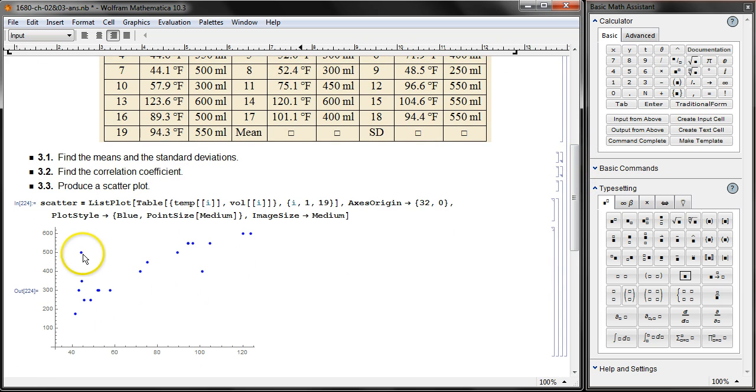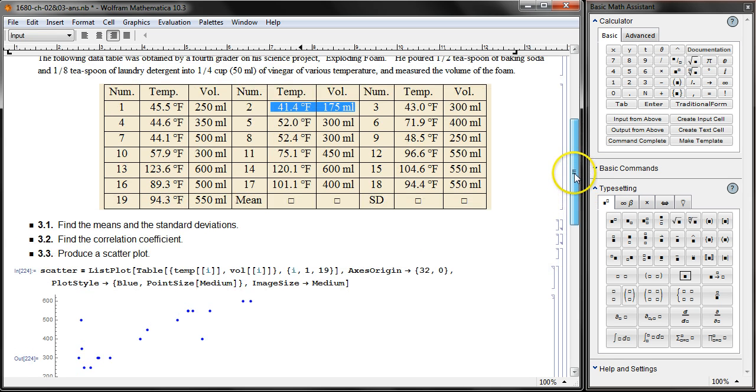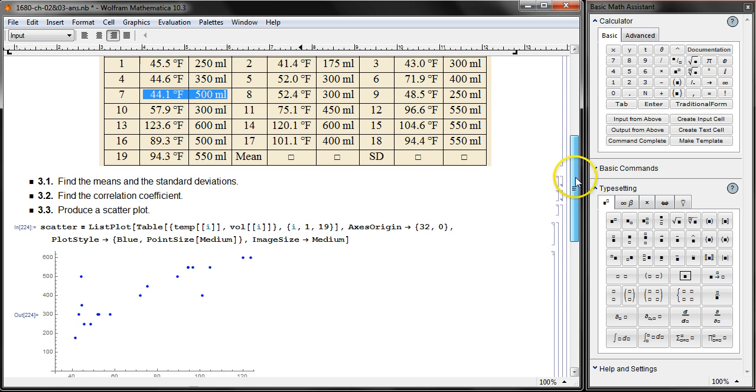How about this one over here? 42 or something and 500 milliliters. Kind of an outlandish one. I think it's this one. Yes, 44.1 degrees, yet 500 milliliters. How about something like this over here? This dot looks kind of strange.